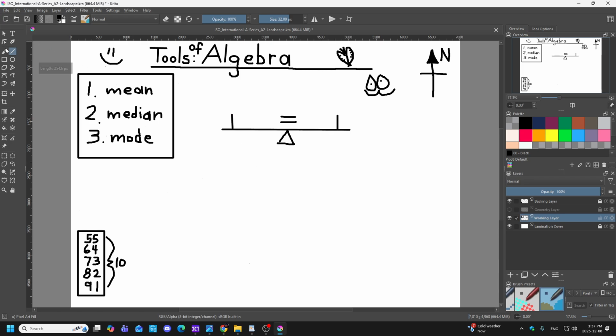Okay, teeter-totter, right? In order to balance, the left side has to equal the right-hand side. Okay, that's the equal sign here. Left-hand side equals right-hand side.